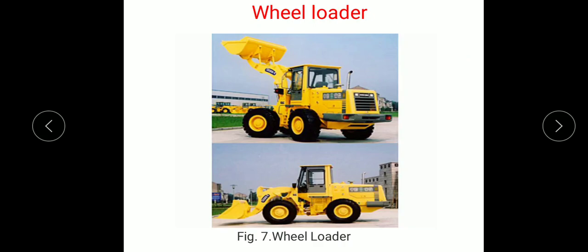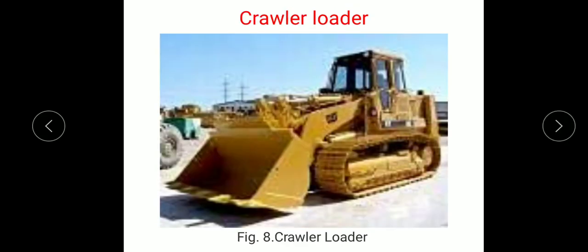Figure 7 shows a wheel loader, as the superstructure is mounted on a wheel type of mounting, therefore it is called a wheel loader. The second type is the crawler loader. Figure 8 shows a crawler loader because the superstructure is mounted on a crawler type of mounting.